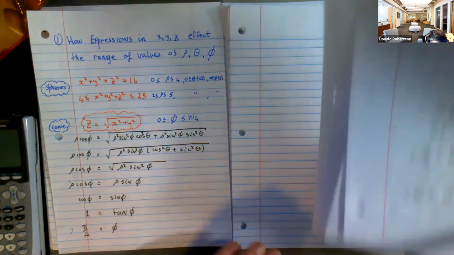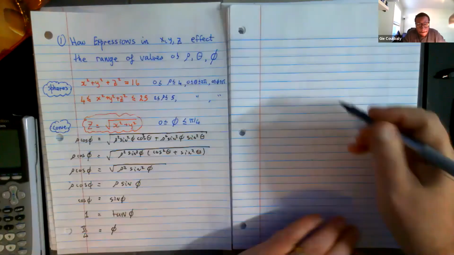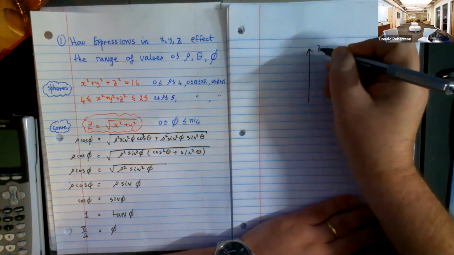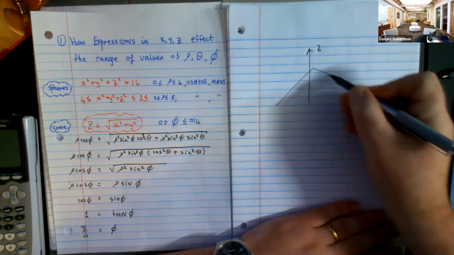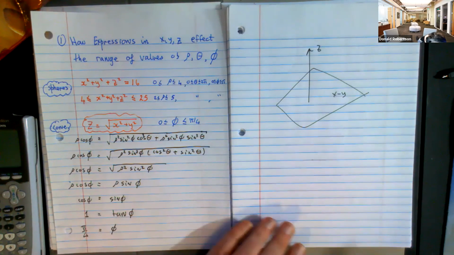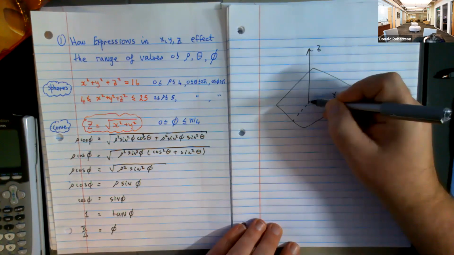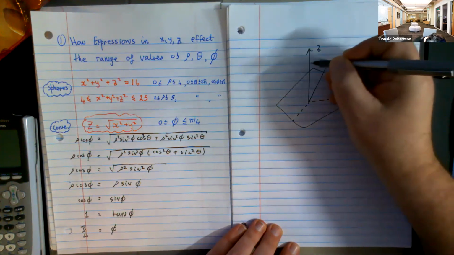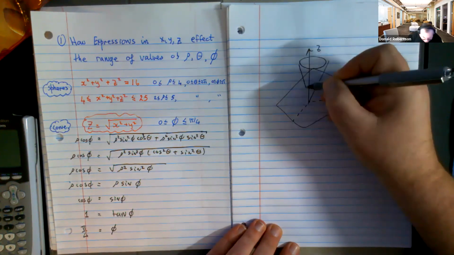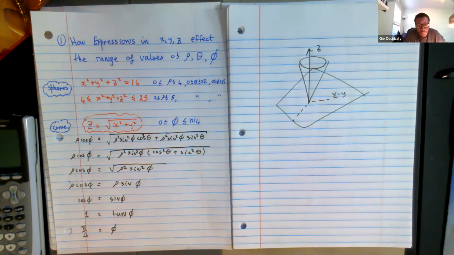Let's try and visualize the cone, the z-axis, and here this is representing the xy plane. Now, if you're looking at a cone, and we can orientate cones differently, imagine a cone pointing down towards the origin.